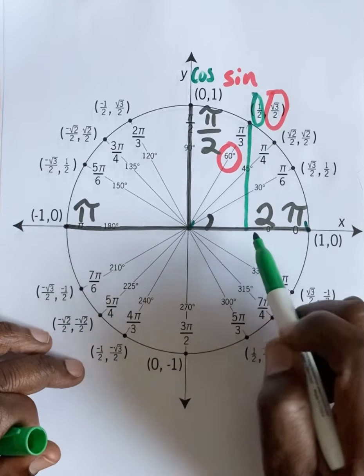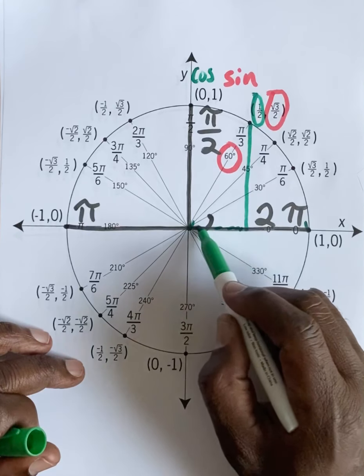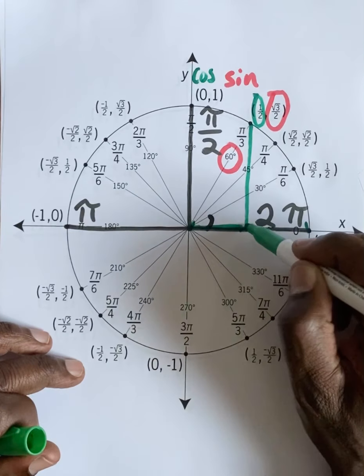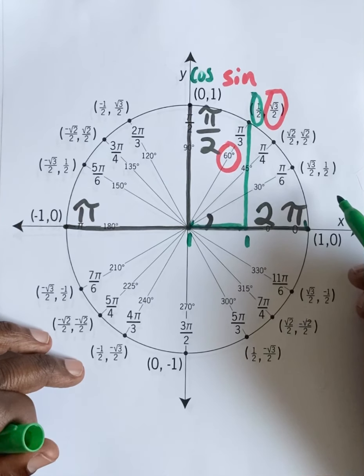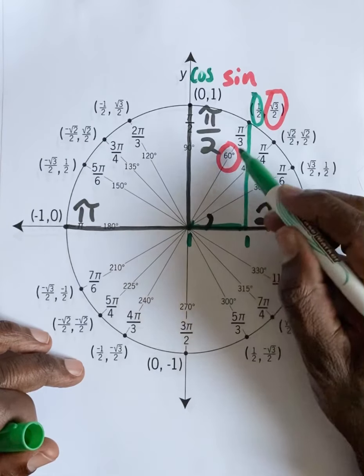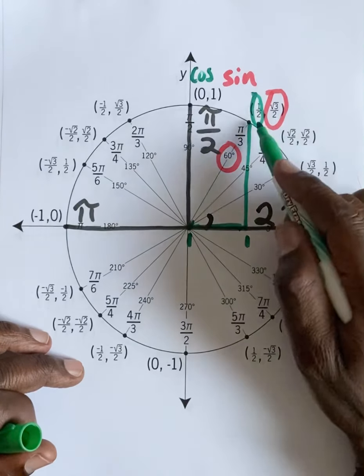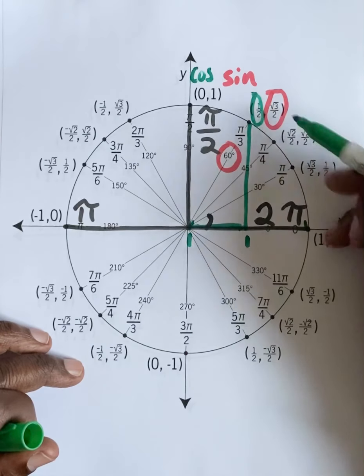That's how we know the x-coordinate of this triangle, this distance right here, is 1/2. Therefore, the cosine of 60 degrees is 1/2. The sine of 60 degrees is square root of 3 over 2.